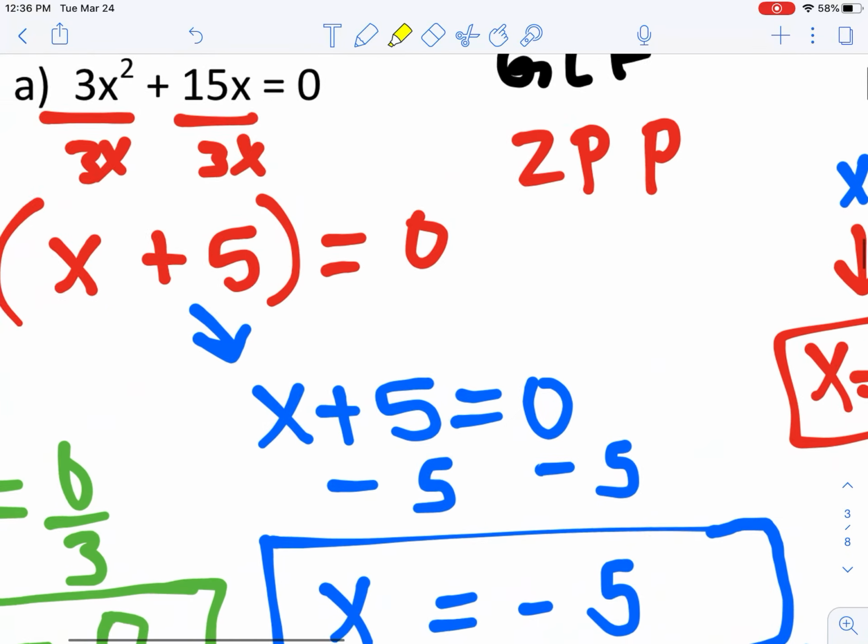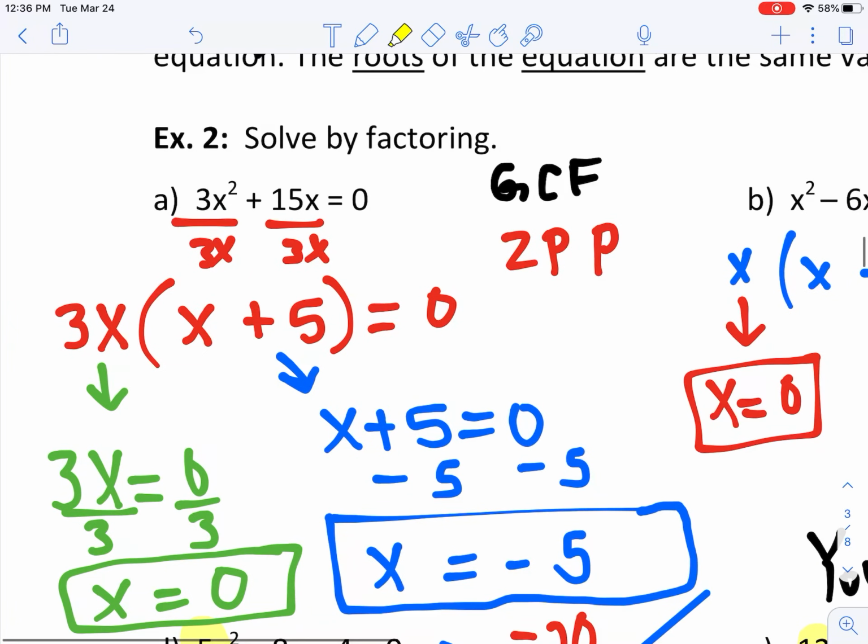Looking at this first example, we took out a GCF of 3x, undistributed the remaining polynomial, and then set each factor equal to 0 to solve for the x-intercepts. So here the solutions are at x equals 0 and x equals -5.